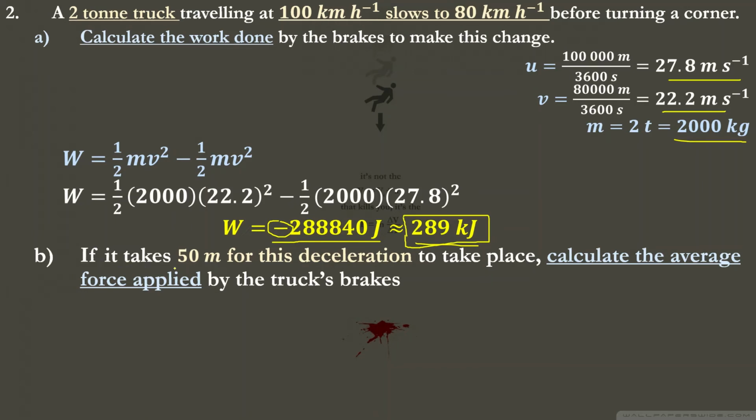Question B, it says, if it takes 50 meters for this deceleration to take place, calculate the average force applied. Okay, so the average force applied, we now know what the work done is. We found that in the question on the top. We know that work done is based off force, parallel force, or net force you want, times the displacement.